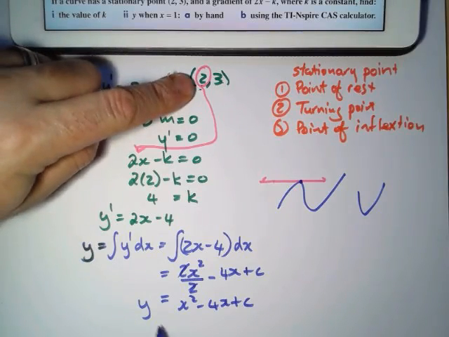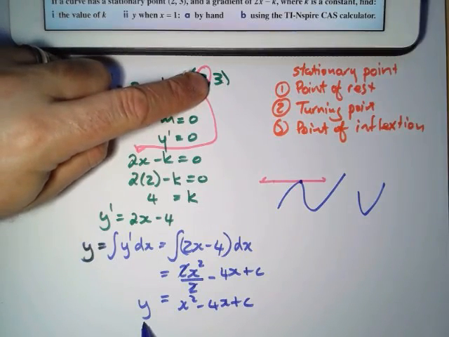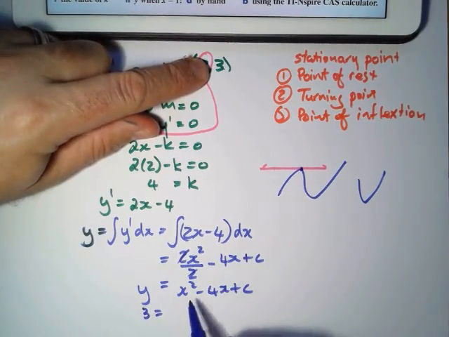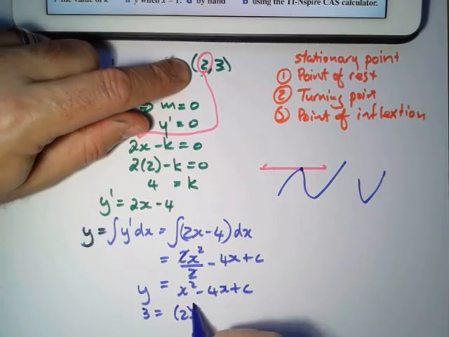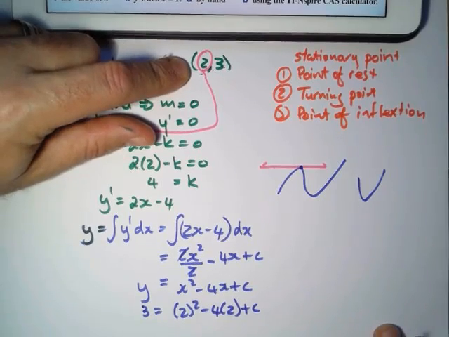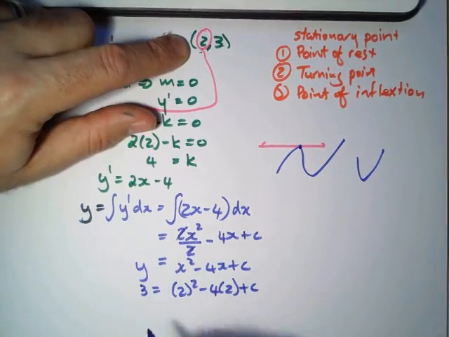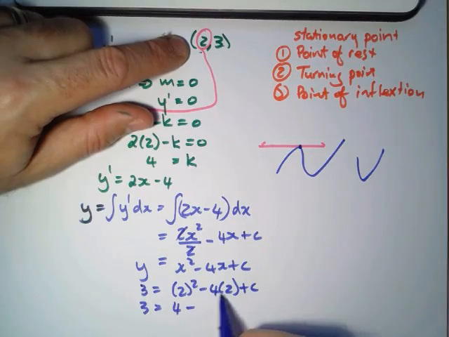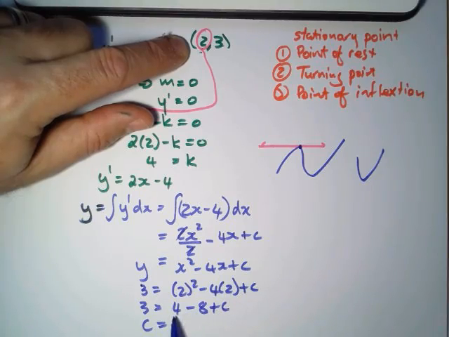So y is 3. That equals x squared, which means 2 squared, minus 4 times 2, plus c. This equals 3, which equals 4 minus 8, plus c. So c equals 3 minus 4 plus 8... 4 minus 8 is negative 4.